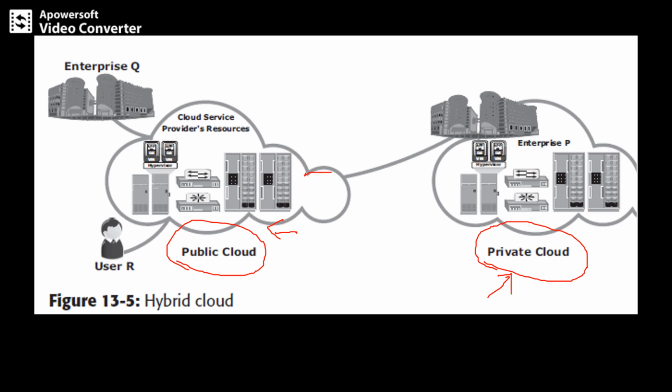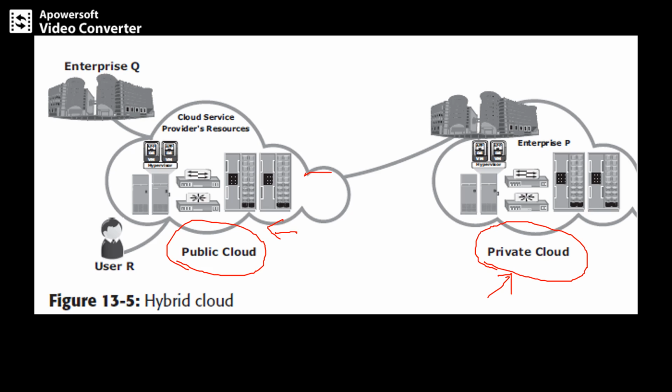So this shows the different types of cloud deployment models. Public cloud, where the cloud infrastructure is open for use by the general public. The second is private cloud, where the cloud infrastructure is provisioned for exclusive use by a single organization.